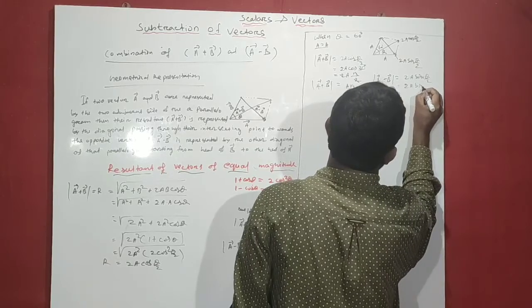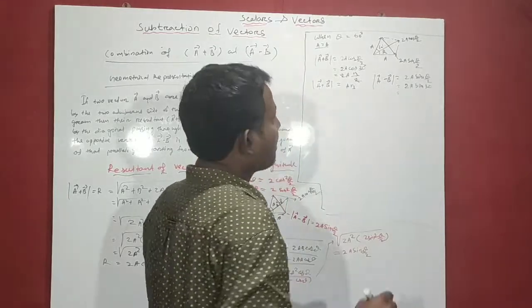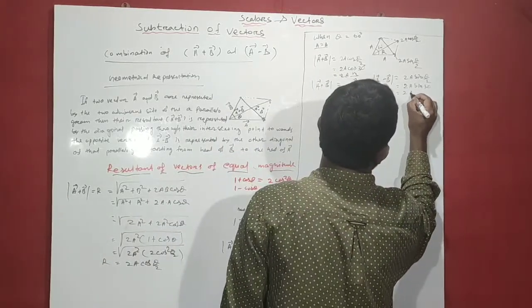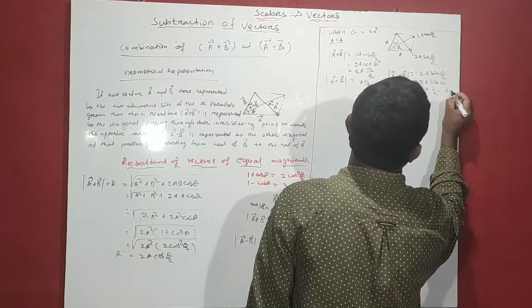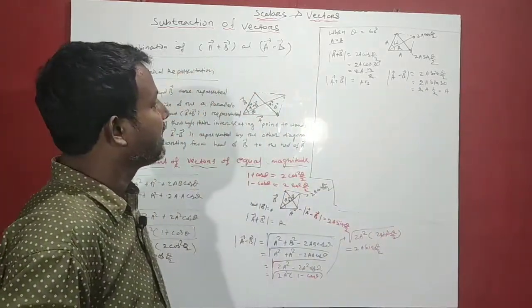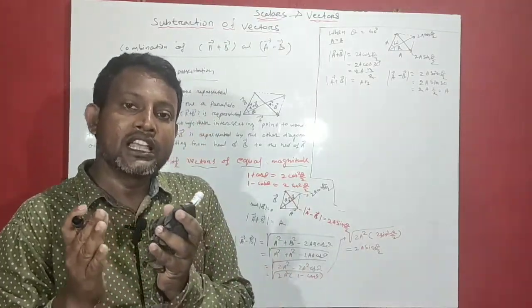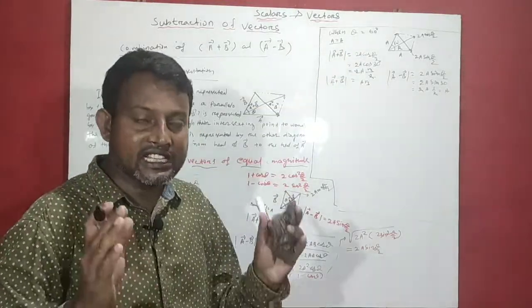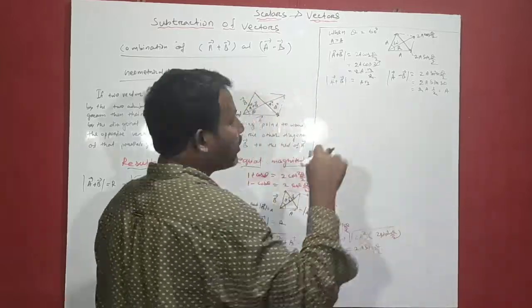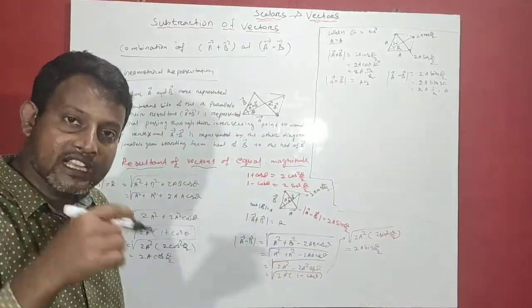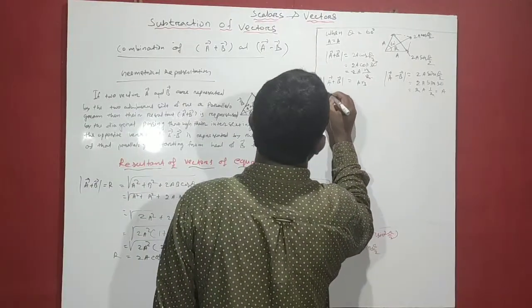Sin 30 is equal to half, and 2A times half, the 2 cancels, giving A. That means when the angle between two vectors having equal magnitude is 60 degree, then their difference vector is equal to the magnitude of the individual vector. Make sense?